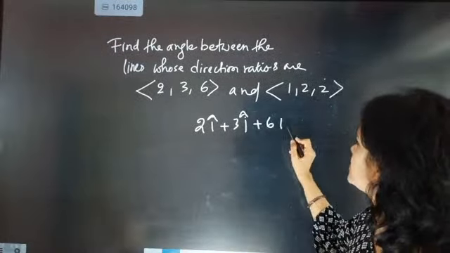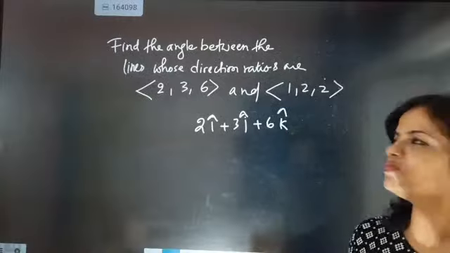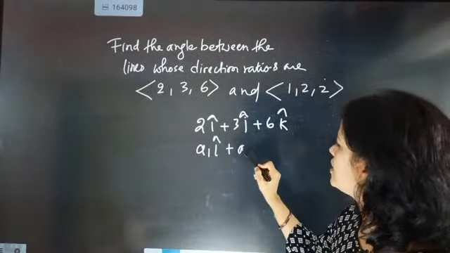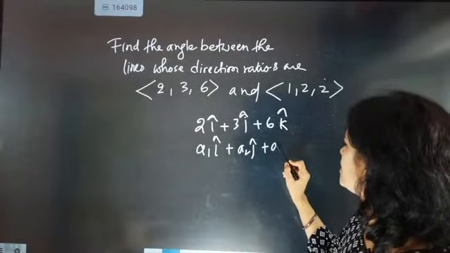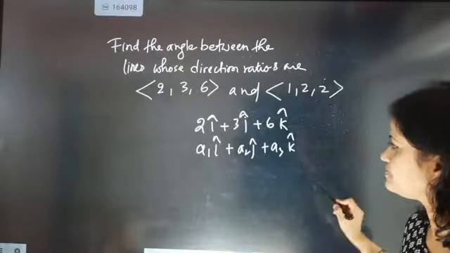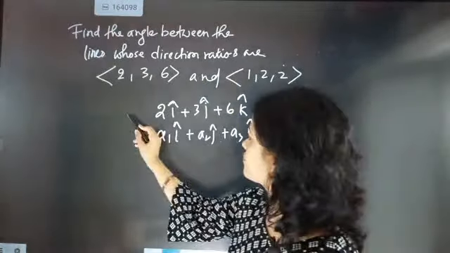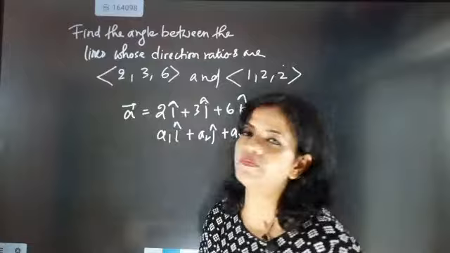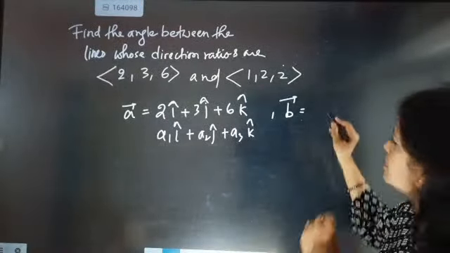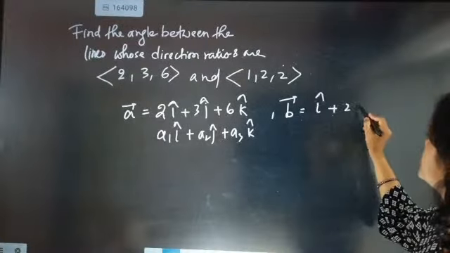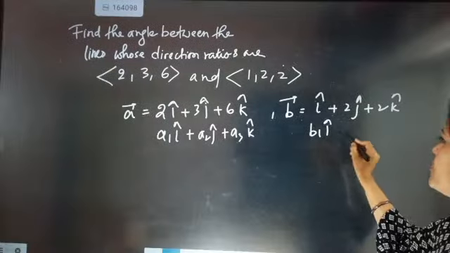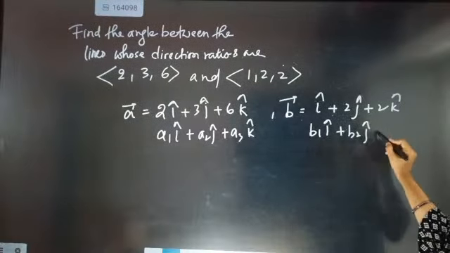3j plus 6k. One part is over. So it will be represented as a1i, a2j, a3k. Okay, now simple. Now this one, i plus 2j plus 2k, for convenience, because you know one formula.